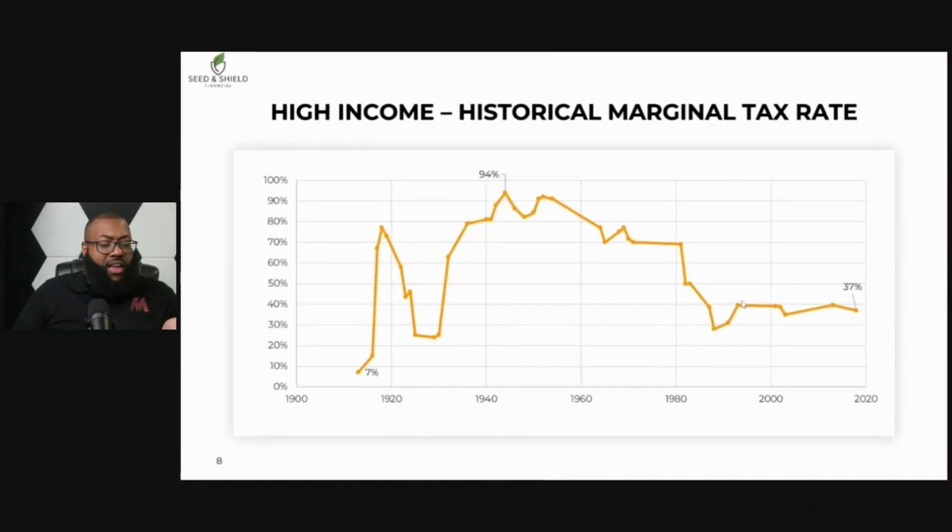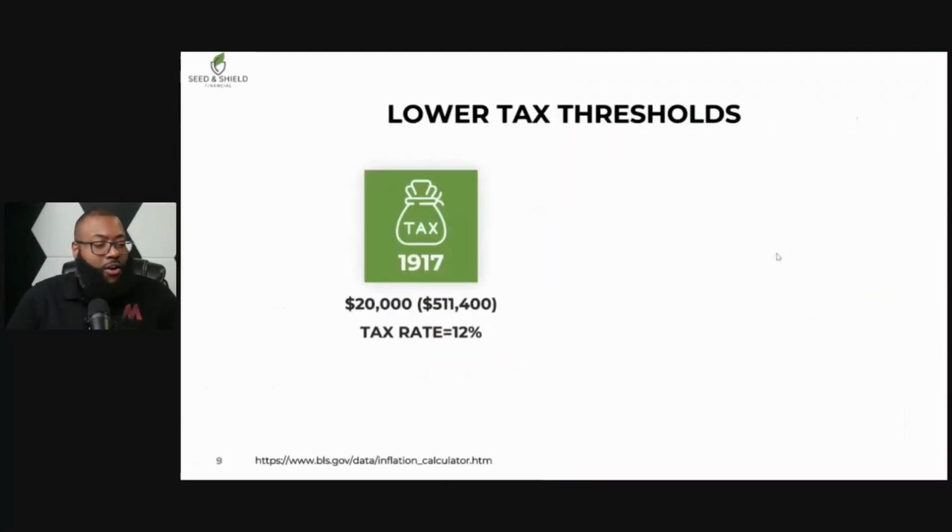I was born in 83, and we're pretty much where we were at in 83, but right before that, you can see taxes were pretty crazy. So knowing that we're in a lower tax environment today, what would make you think that we will be in a lower tax environment in the future? That's what I would want to know.